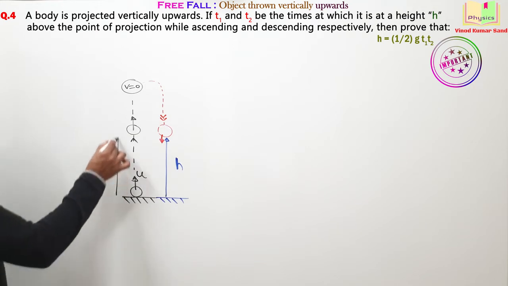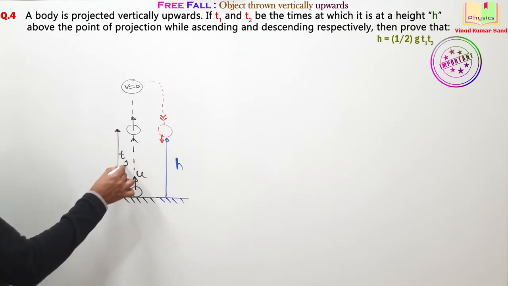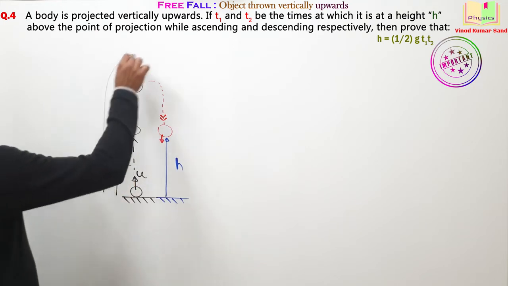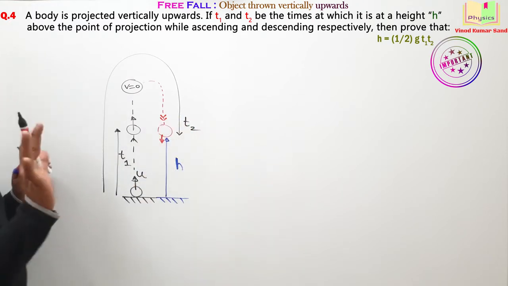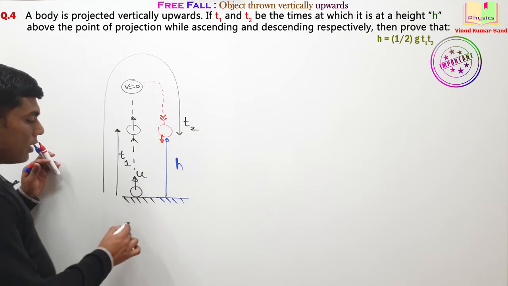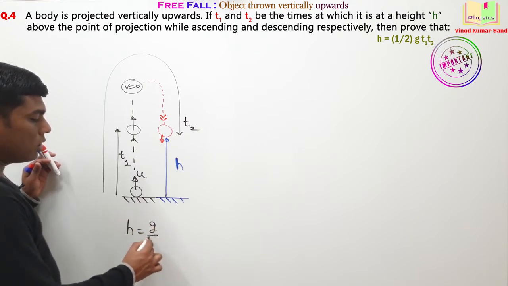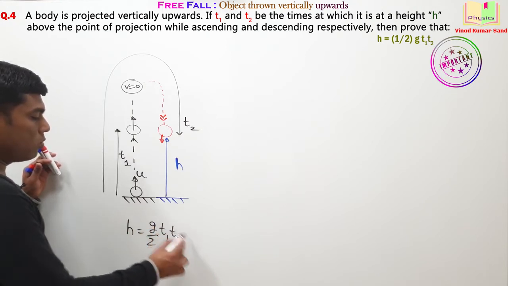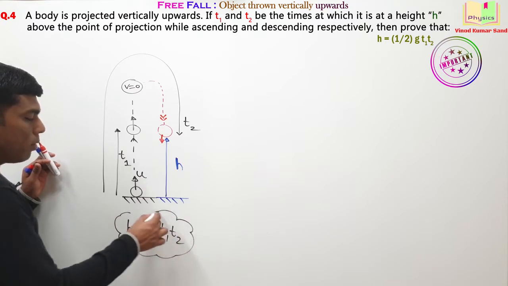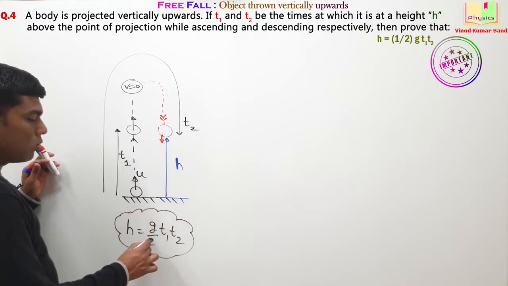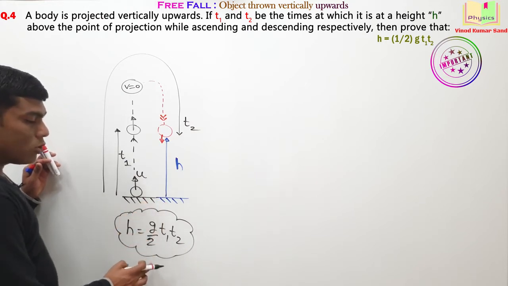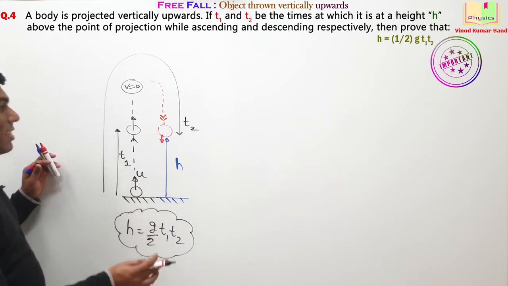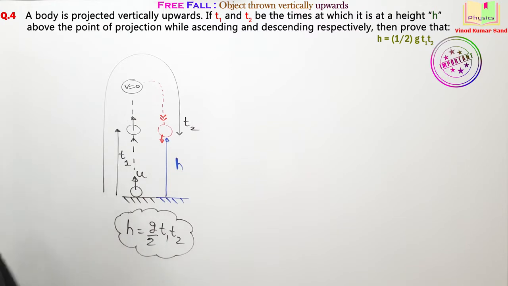This time we consider, let's say, as t1, and this moment of time we consider as t2. Then we have to prove that h is equal to g by 2 t1 t2. It's a pretty important result. I request you to learn it because the next question can be directly solved using this result. So let's derive it.